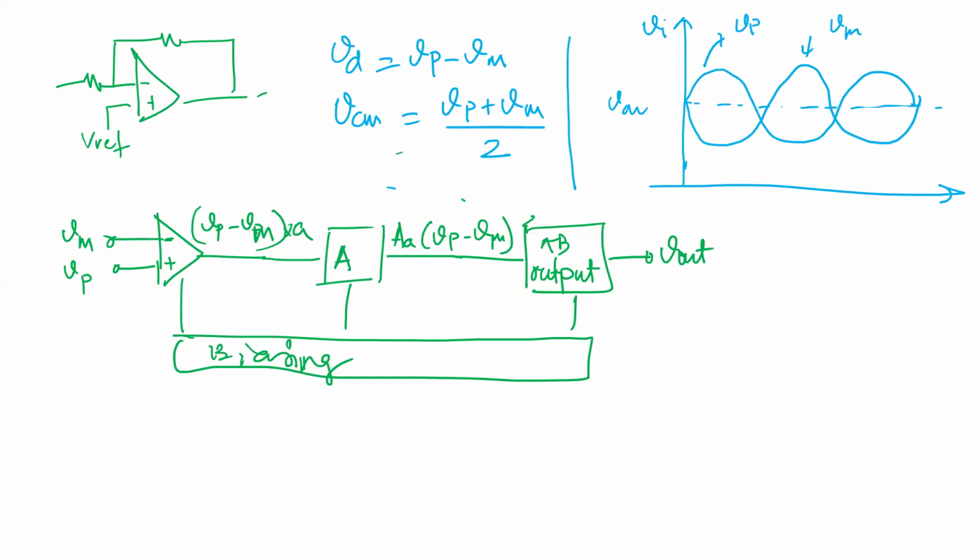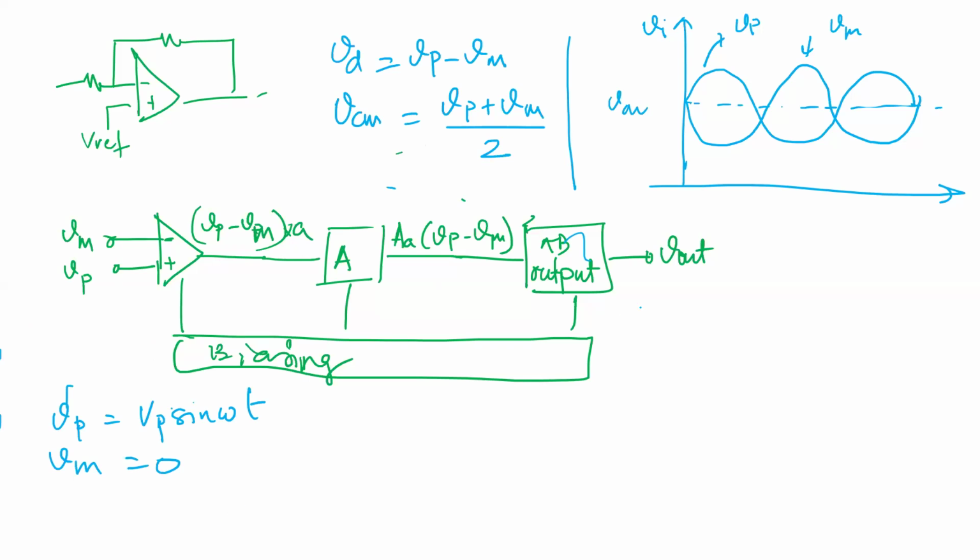Now, if I, let's say, ground one of them and just give one signal, what do you get? You get a difference, which is that same signal, but you also get a common mode, which is that signal as well, right? Because let's say, for example, Vp equals some Vp sine omega t, and then Vm is equal to 0.